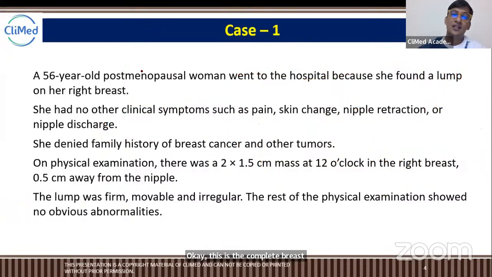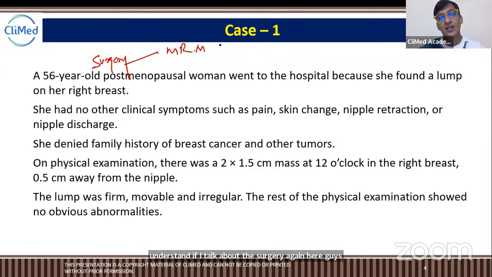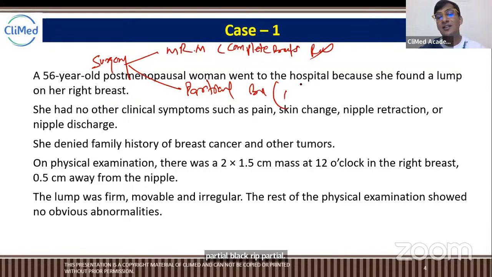If I talk about the surgery again, guys, focus. One is MRM, mastectomy, complete breast removal, and the other is partial breast removal, only removing the lump.